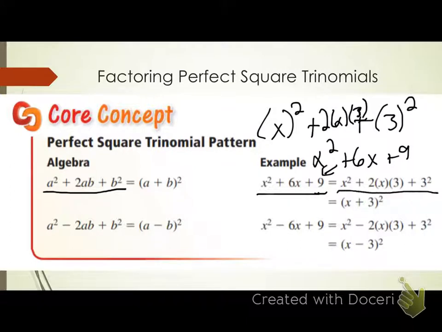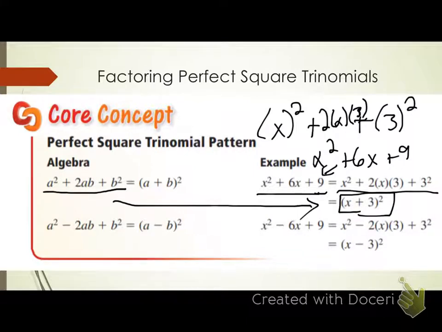They broke it down the same way I just broke it down. I didn't realize that till just now. Sorry. But since it takes this form, I am able to just plug in my a value and my b value to a plus b squared, and there is my answer. So all we're really doing is identifying our a value and our b value and then plugging in.